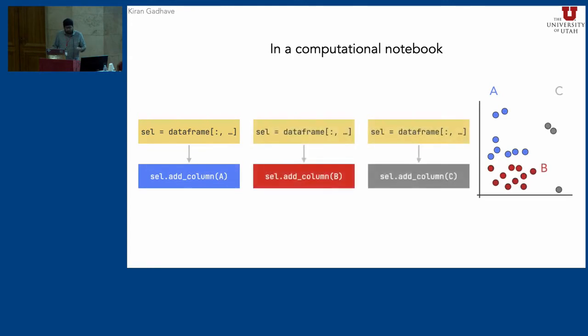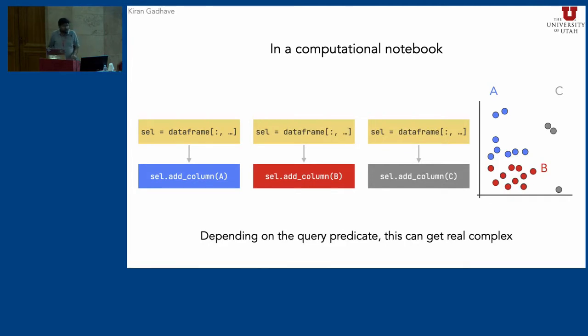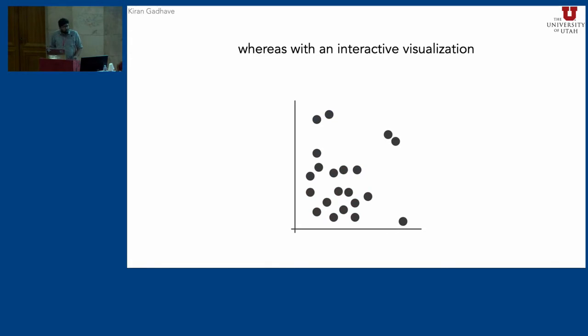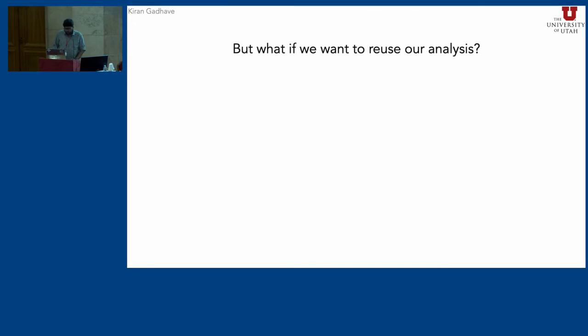And then you repeat this for all the different categories you want to add. Depending on how complex your selection predicate is, this might take a while. Now, in an interactive visualization environment, you just have to select using a brush or paintbrush selection, and then assign the label, and then you repeat this for all the different categories you have. So interactive visualization makes doing tasks like this much easier.